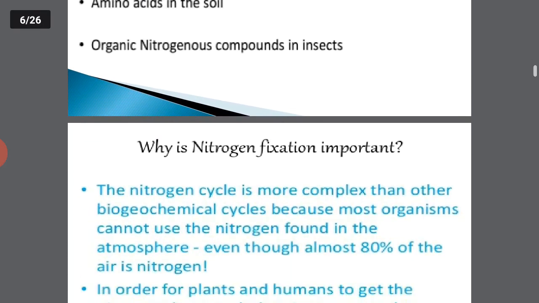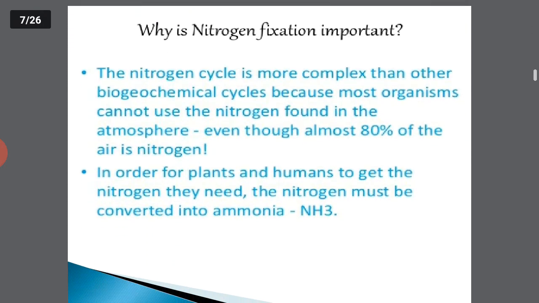Okay, let's move on. Why is nitrogen fixation important? We all know the nitrogen cycle is more complex than other biochemical cycles because most organisms cannot use nitrogen found in the atmosphere, even though it is present in almost 80% of the air. Not almost 80%, it is exactly 78% of the air that is nitrogen.